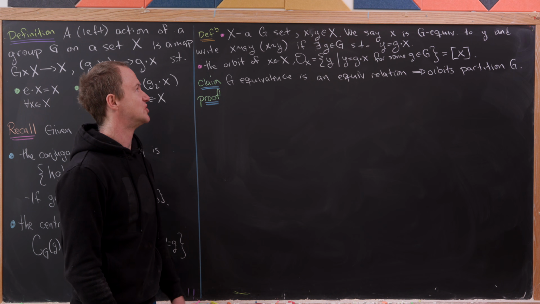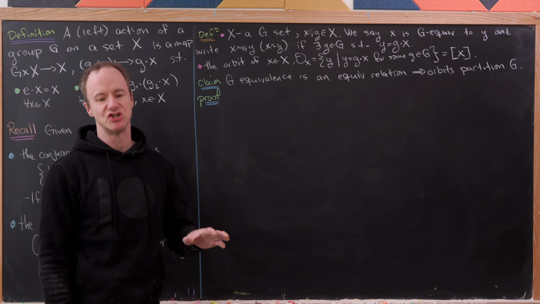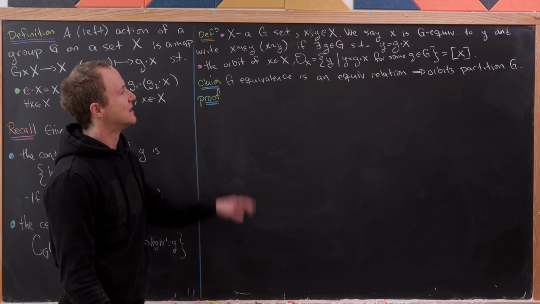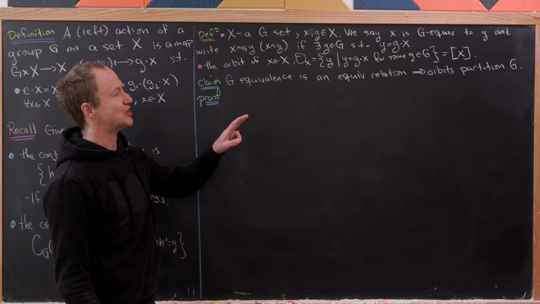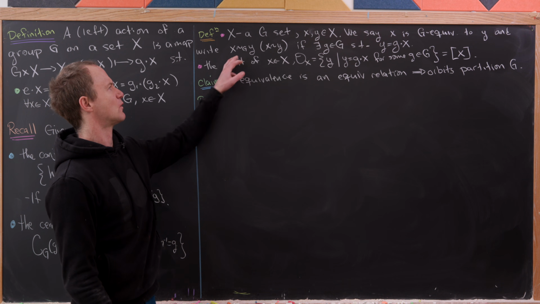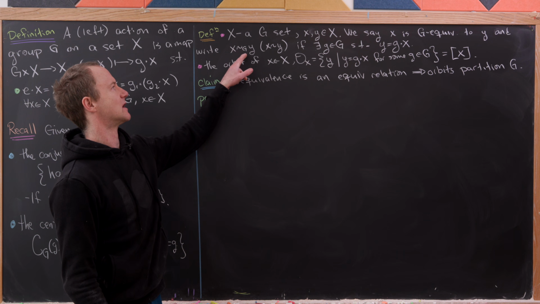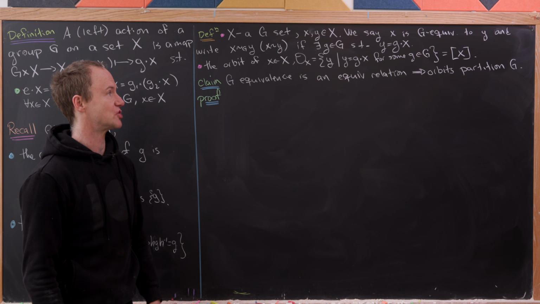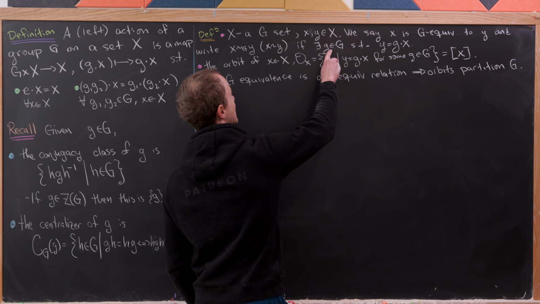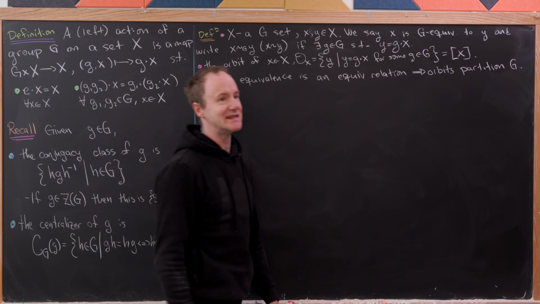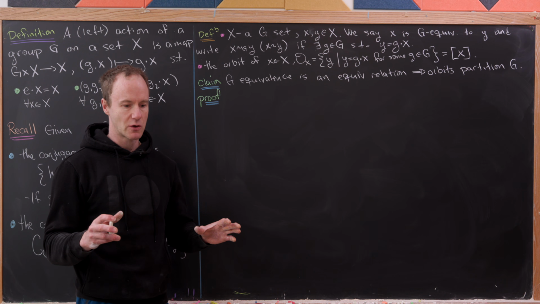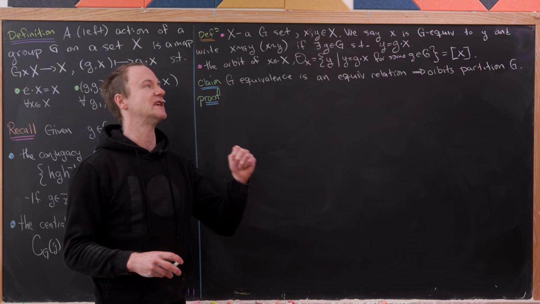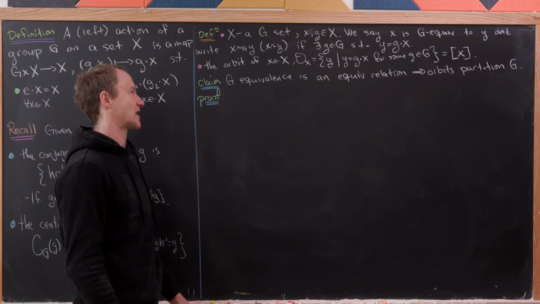So let's say we've got a G set X. So by a G set, I mean there's a G action on X. Then we say that X is G equivalent to Y, and we'll write this right here, X tilde sub G Y, or just X tilde Y if there's no opportunity for confusion, if there exists a g in G such that Y is equal to g dot X. So these two things are equivalent if an element from G can take you from one of them to the other via the natural action.